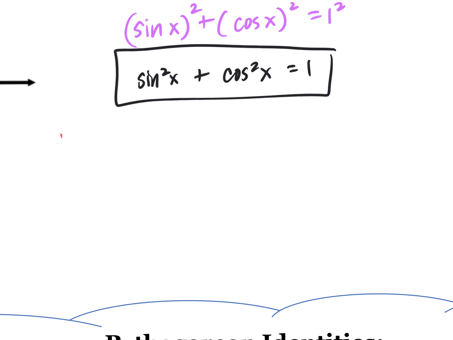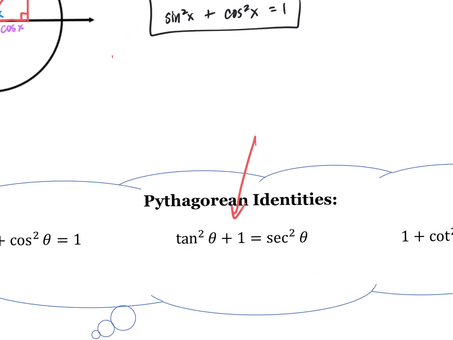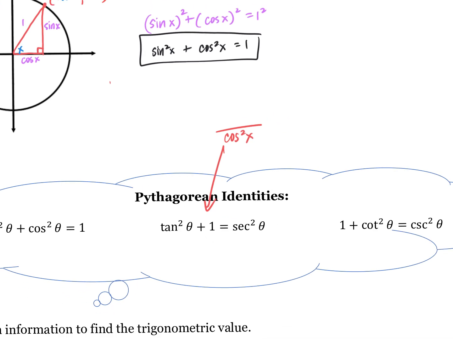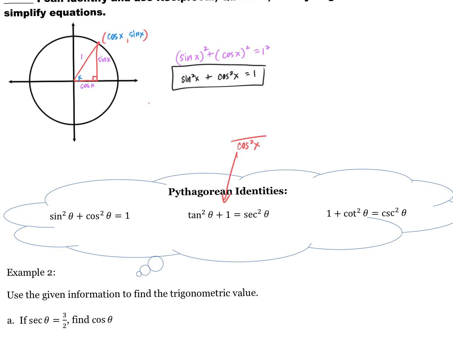Are we down with that? So do we need this memorized? No. Do I need this black one memorized to be able to divide through by cosine squared? Yes, I do. So maybe what you write on your little page is that I divided through by cosine squared to get that one.